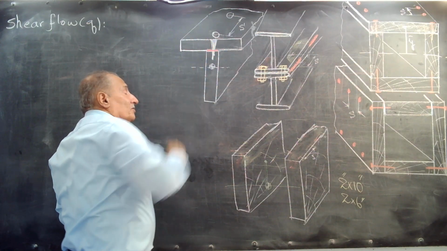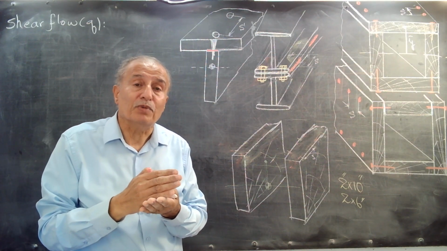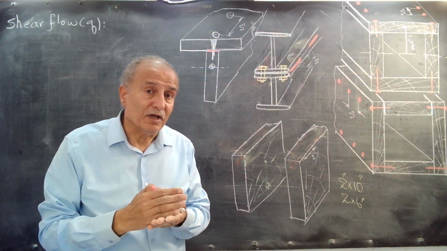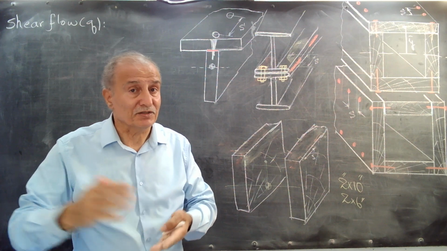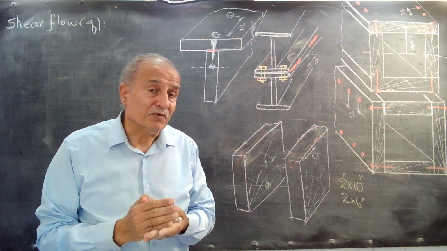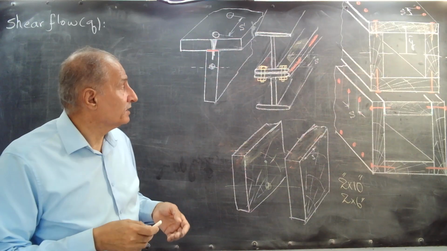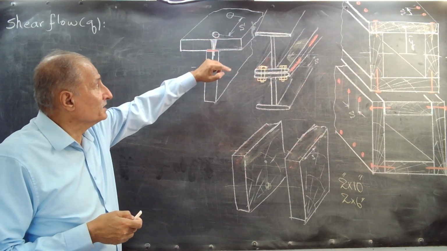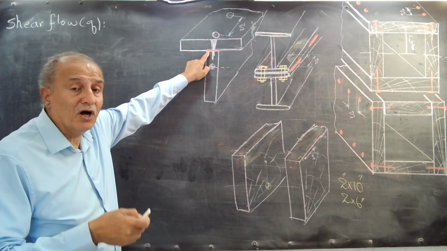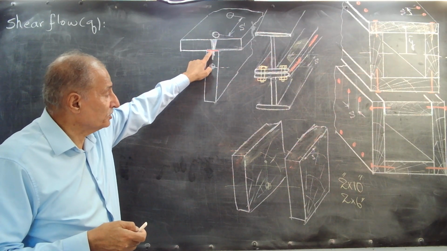Why? Because at the connection joint between these two planks, we have a horizontal shear stress, which we talked about in the previous video. You can find it. Then, in order to calculate S, we must first find the horizontal shear stress that exists at the junction.